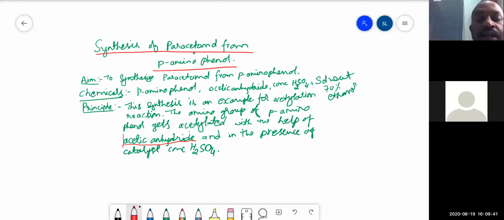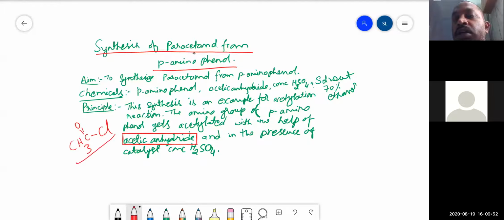That's why we use acetic anhydride instead of acetyl chloride. We cannot use acetyl chloride because it is not a good acetylating agent with the para-aminophenol.